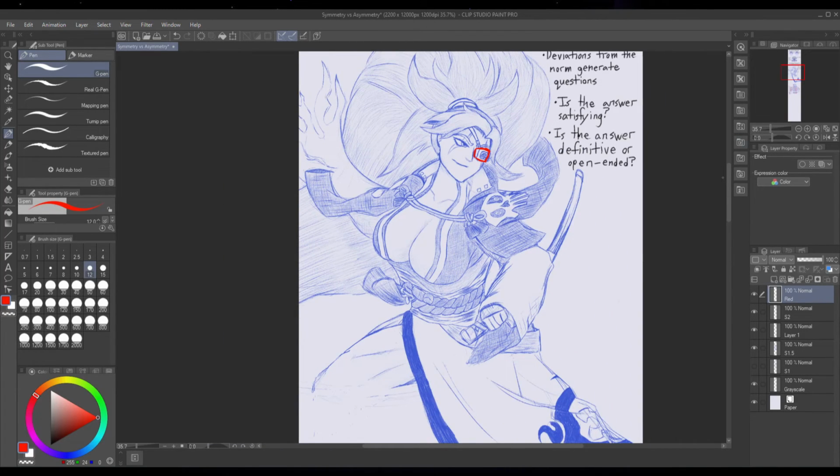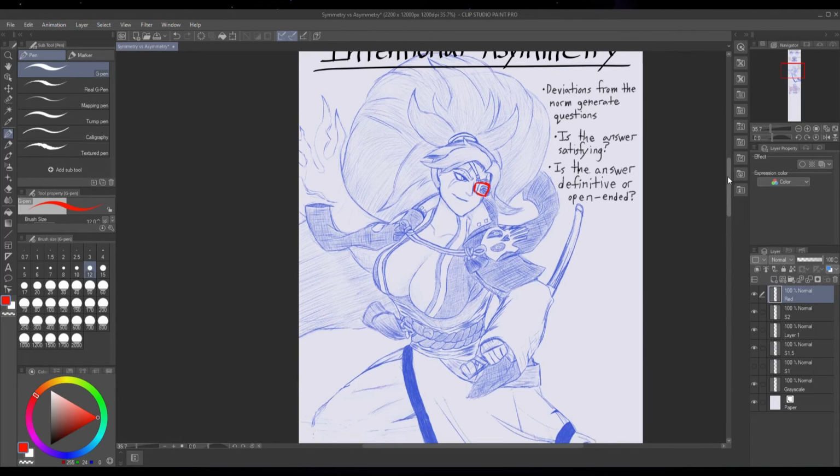And it's somewhat similar with this character Baiken. Even though she's got these elements of asymmetry, she's also got elements of symmetry with these little skulls on her jacket.